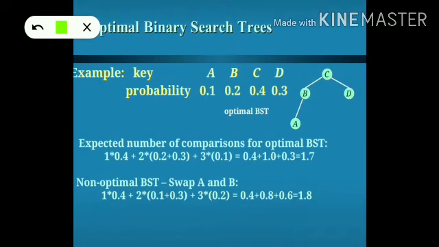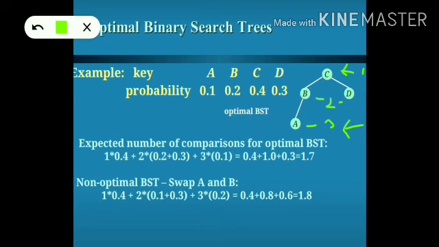We say that the root of this binary tree is at level 1, the nodes B and D are at level 2 and similarly A is at level 3. So searching for key A requires a total of 3 comparisons.